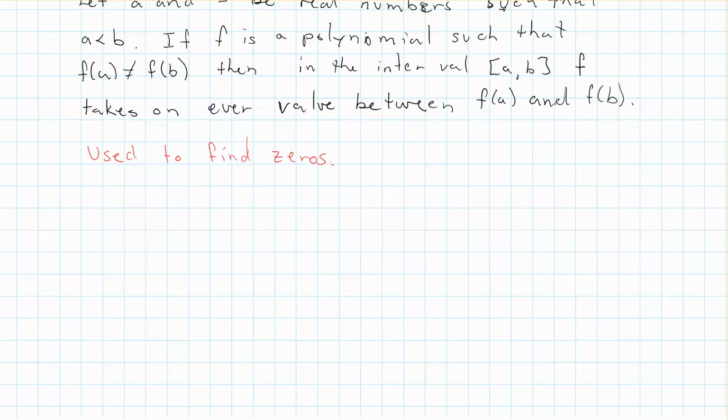Well, let's look at f of x equals x cubed plus x squared plus 1. And then look at the interval -2 to -1. Well, I'm going to skip through some of the computations here. I'm going to compute f at -2, and that is actually equal to -3.